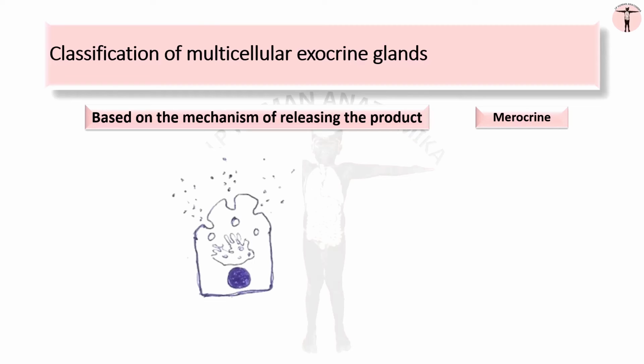The secretions are wrapped in membrane-bound vesicles called secretory vesicles, which move towards the apex, and coalesce or merge with the cell membrane and release the product outside the cell.